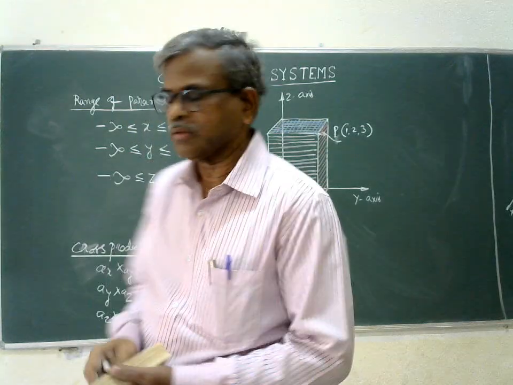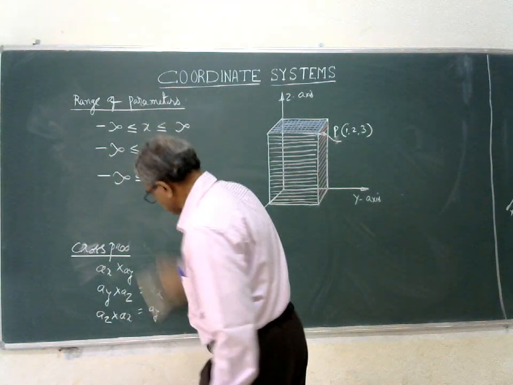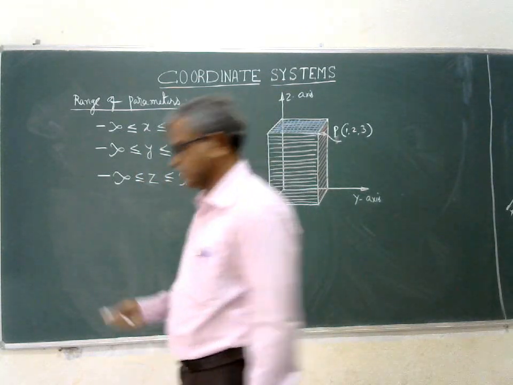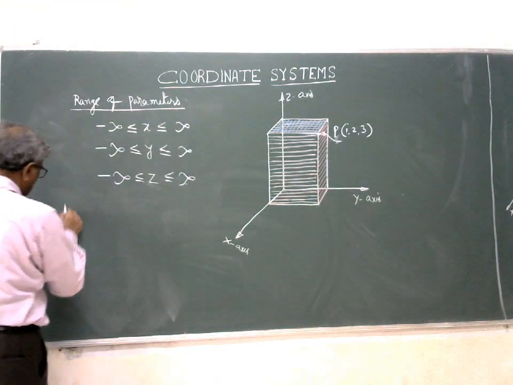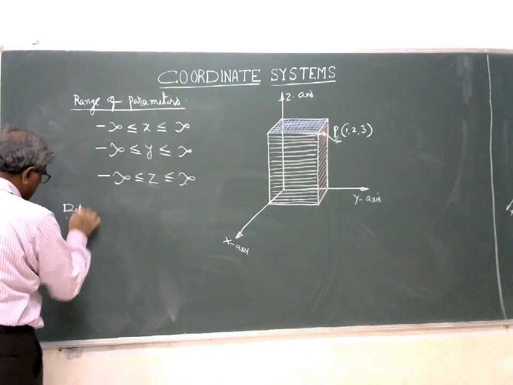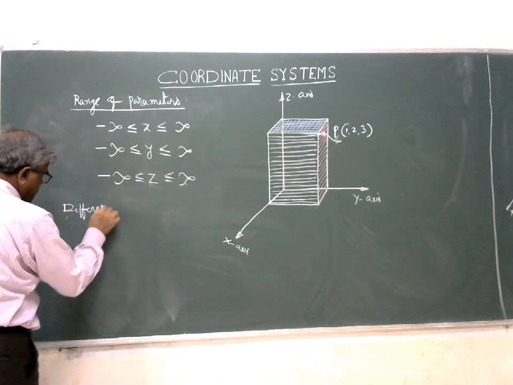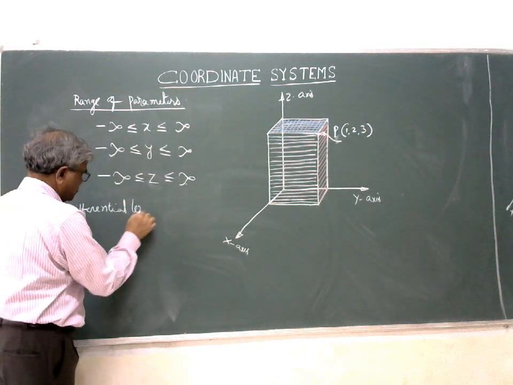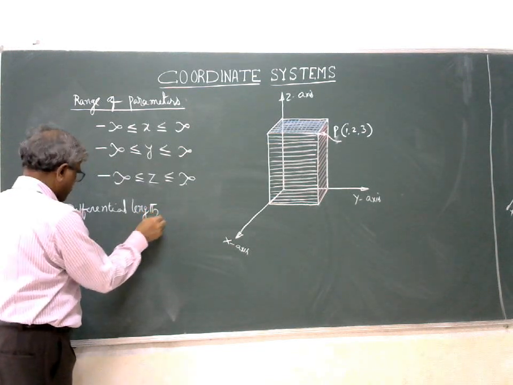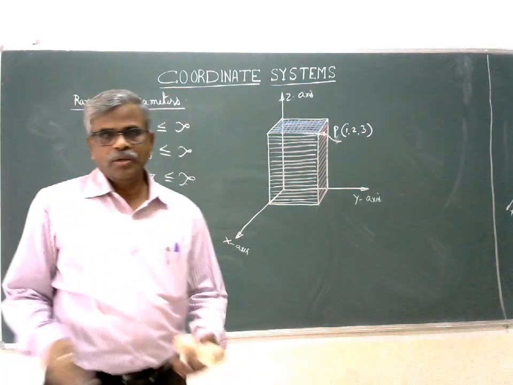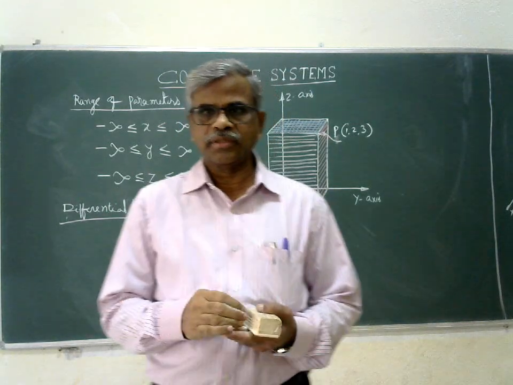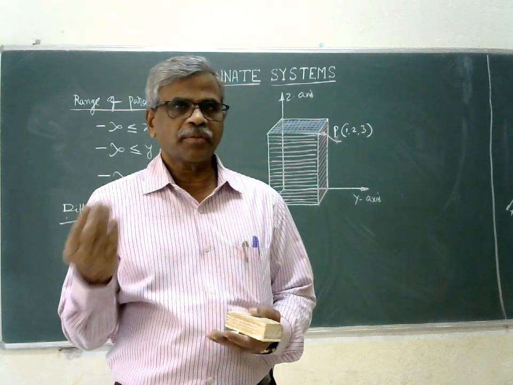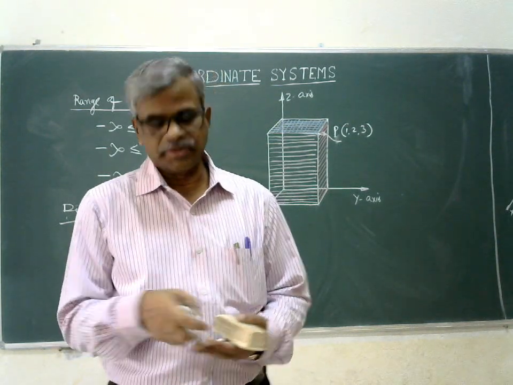Next we will consider differential lines. For this, we will consider two points. The first point is P with coordinates x, y, z, and the other point is with small increments.